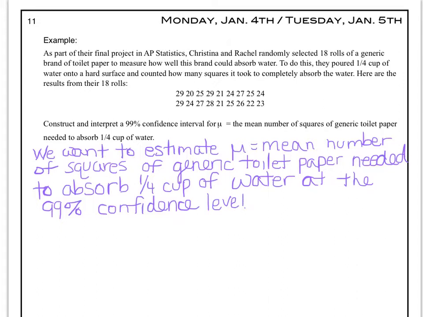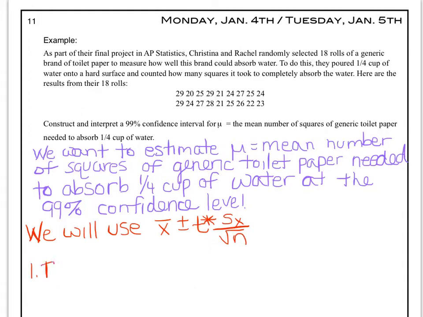Okay, so then I want to plan. And so for my plan, I say we will use X bar plus or minus T star times the standard deviation of the sample over the square root of n. So then I need to check my conditions. Random.